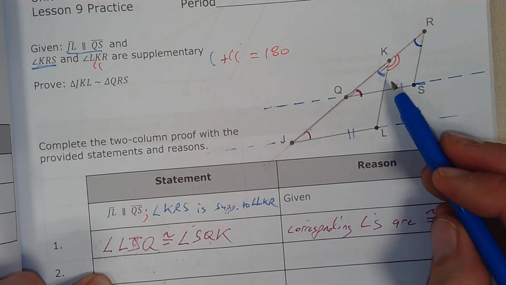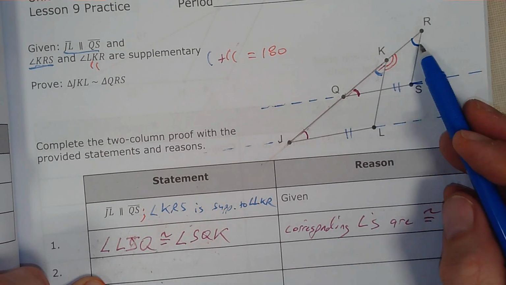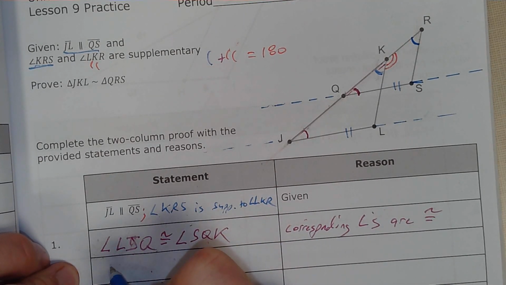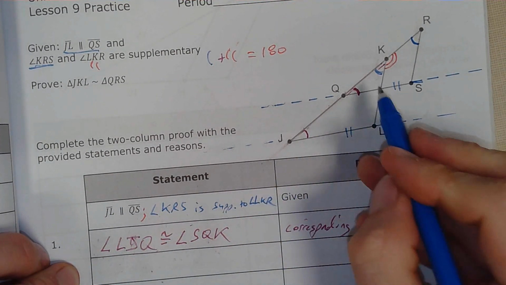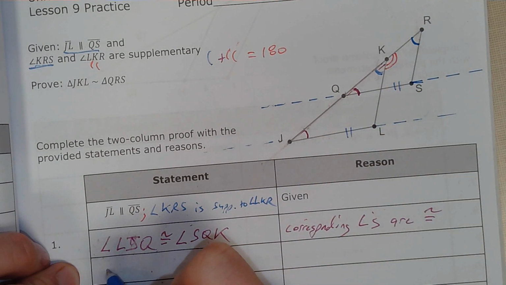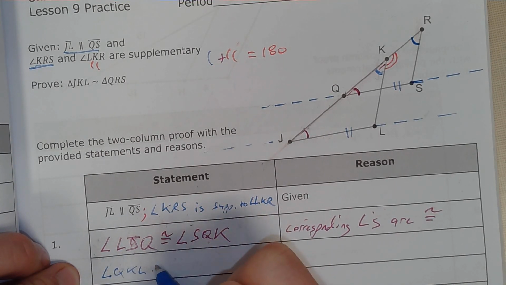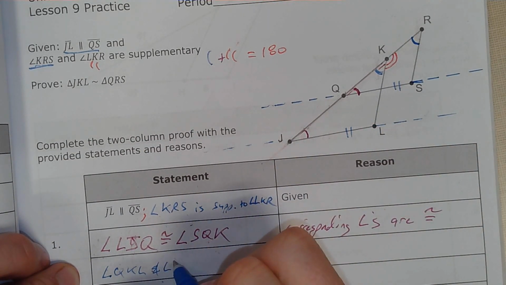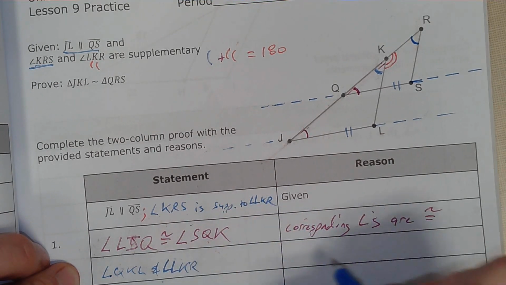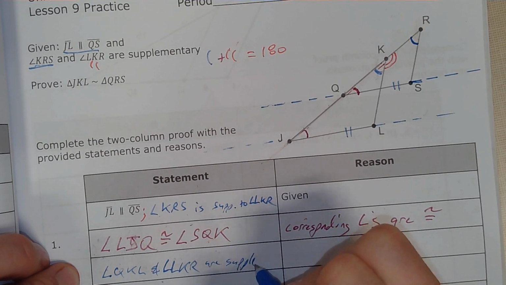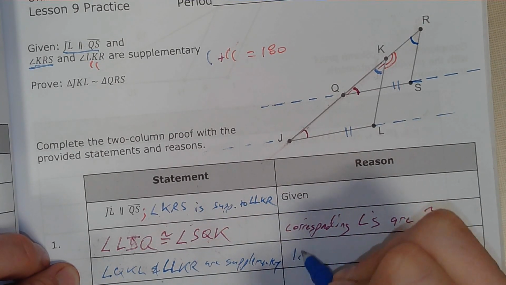I'm going to say that angle QKL and angle LKR are supplementary, because they are linear pair.